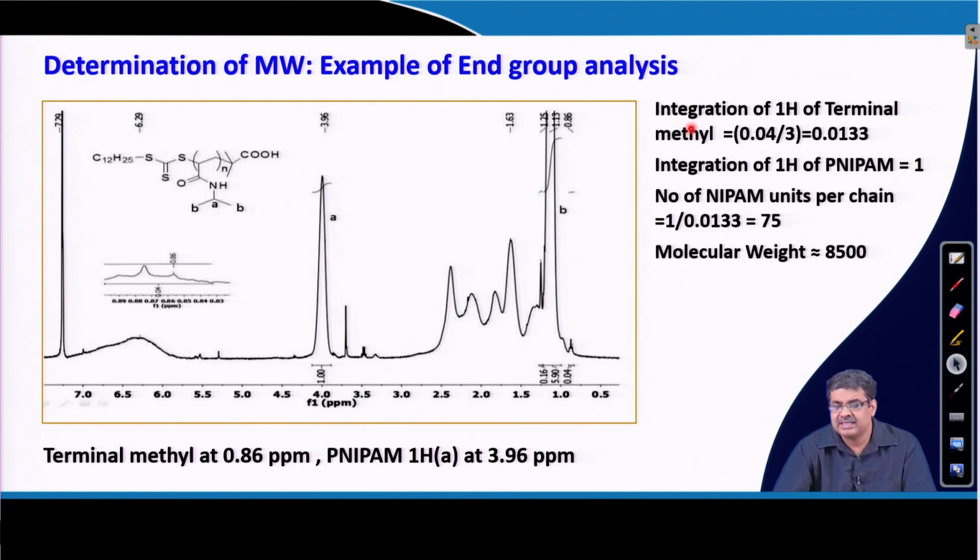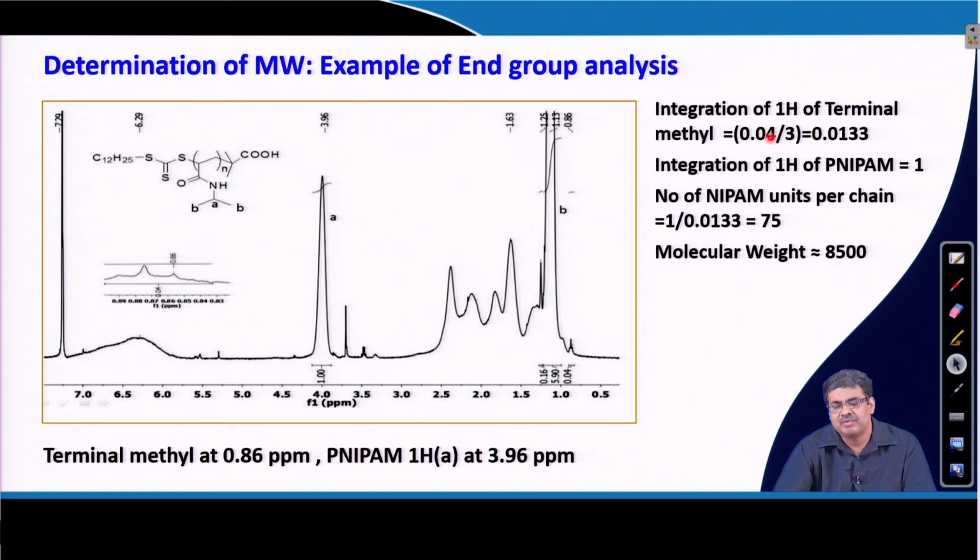So, I can write that integration of the 1H proton signal at the terminal methyl is given by this. So, one proton has this intensity for this measurement, because 3 terminal protons have intensity of 0.04.